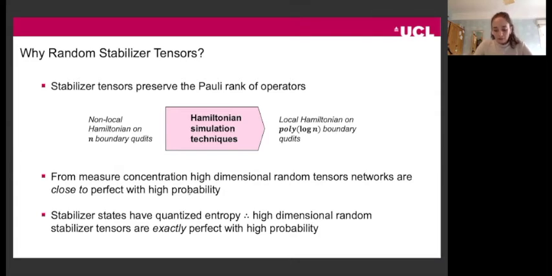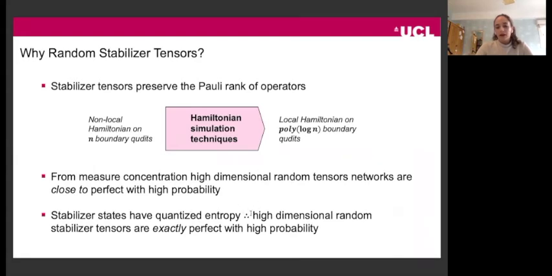And then once we've been forced into using stabilizers, there's another advantage, because as we've gone through using measure concentration, we know that high dimensional random tensors are close to perfect with high probability. But since we have the structure of the stabilizer group, we know that stabilizer states have quantized entropy.